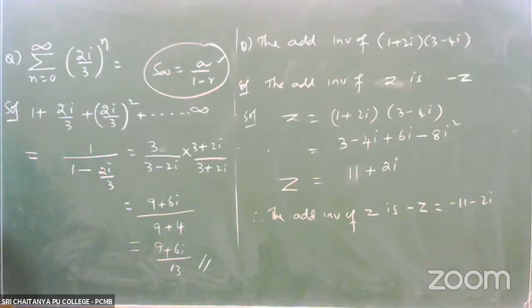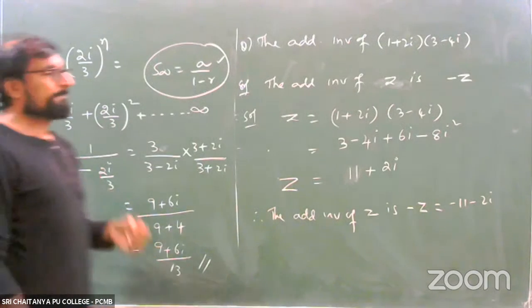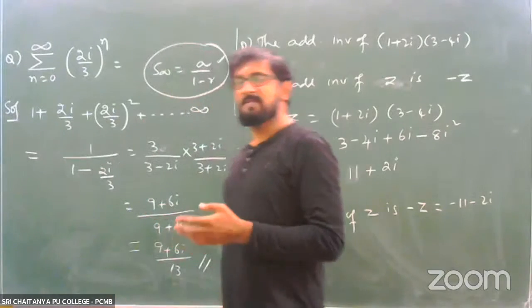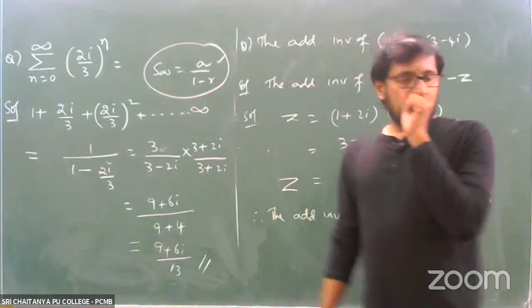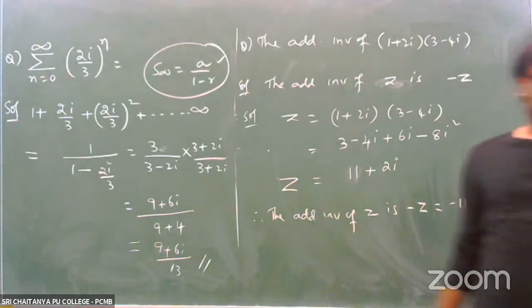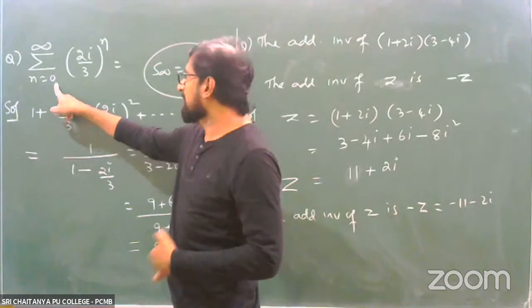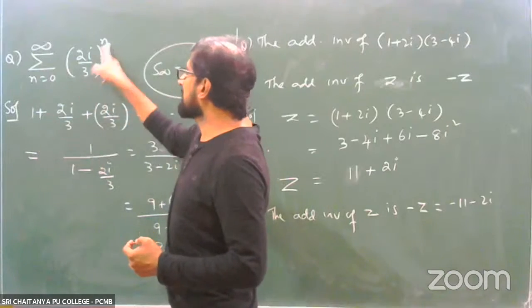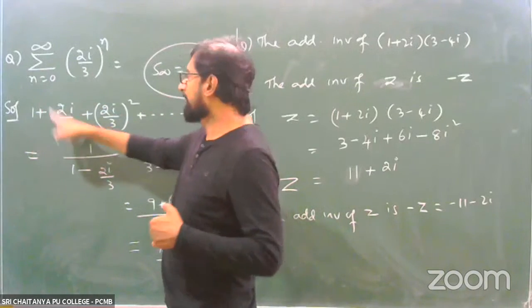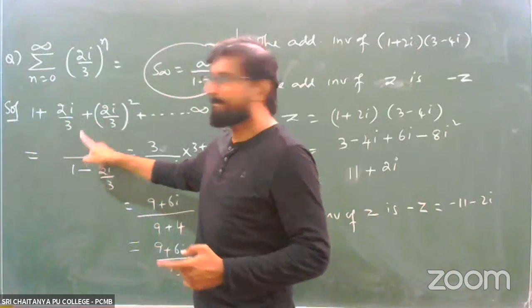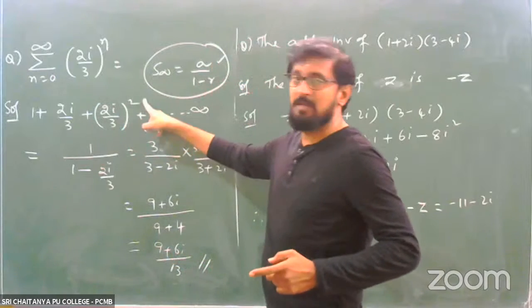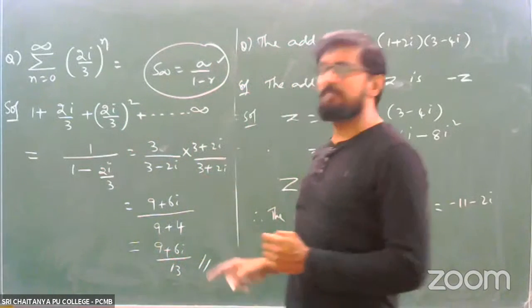I am repeating this problem again. See, expanding sigma, you just expand sigma value by substituting n is equal to 0. If I substitute n is equal to 0, you are going to get anything to the power of 0 is 1, plus 2i by 3, plus (2i by 3) whole square and so on up to infinite, right?